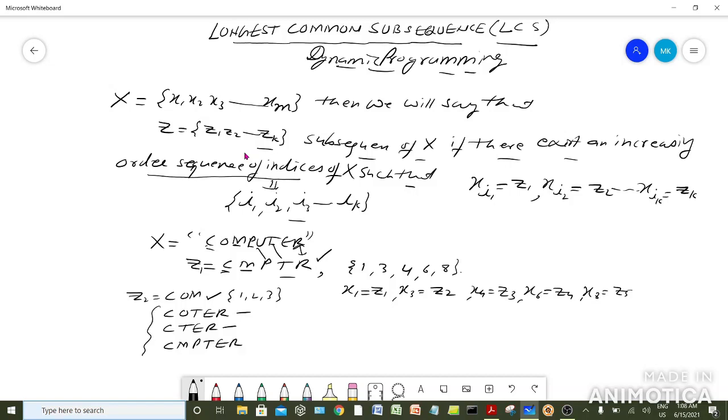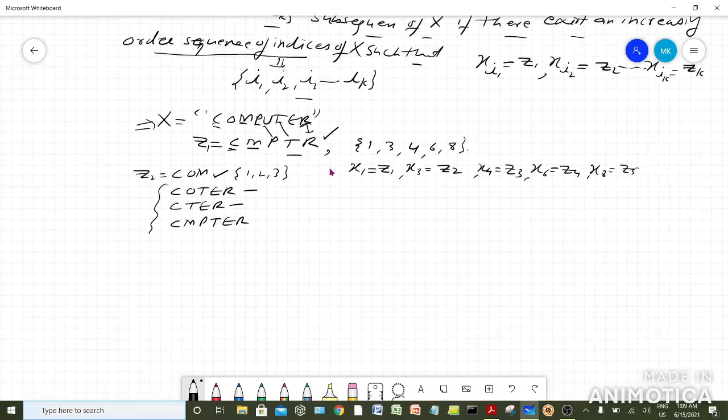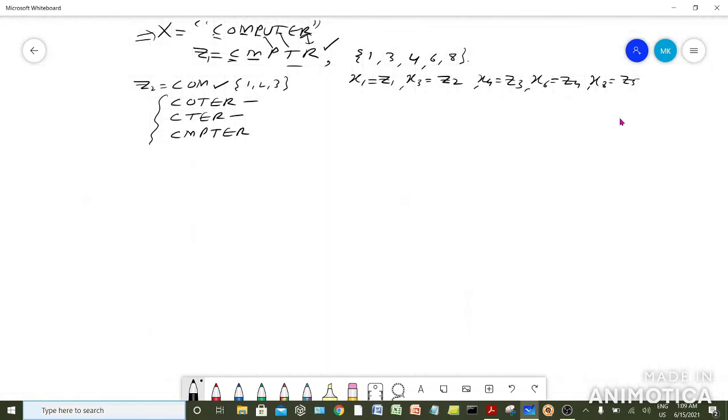So these are all subsequences for this sequence X. The only thing to remember here is that indices should be in the increasing order. Or you can say the order of appearance of the characters should be maintained while generating the subsequence.